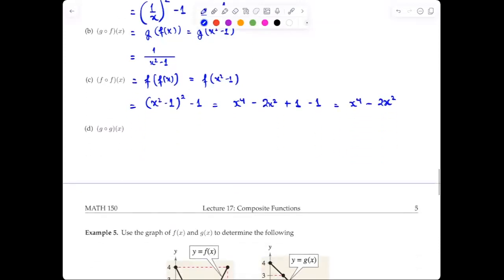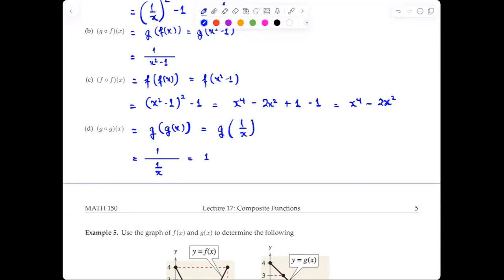Now g circle with g of x, or g of g of x. g of x is 1 over x. So most of you gave me 1 over 1 over x. All right. So now in this case, you have a complex fraction. That means you can multiply by the reciprocal.